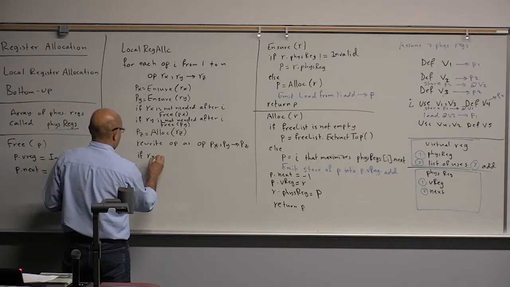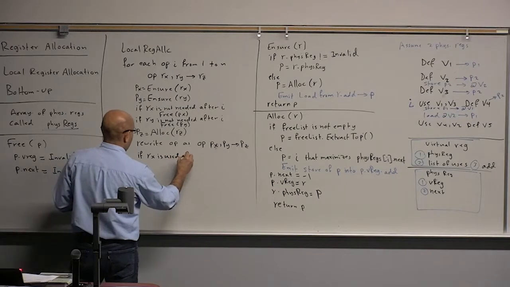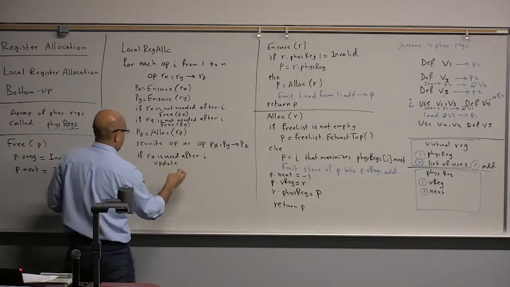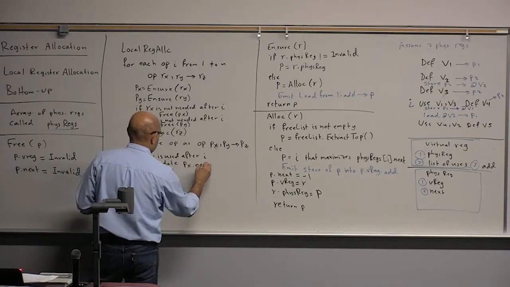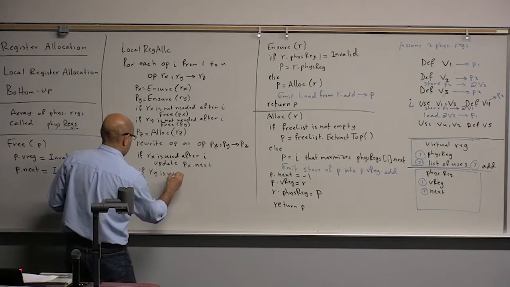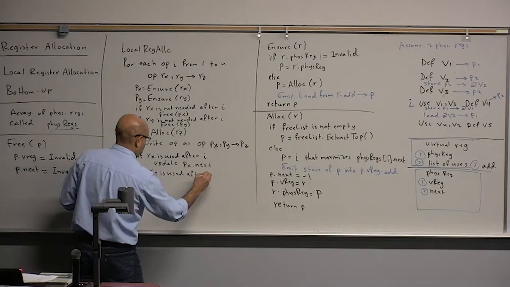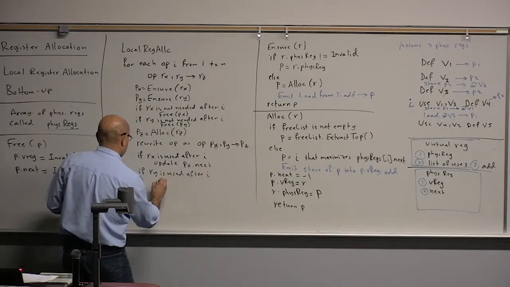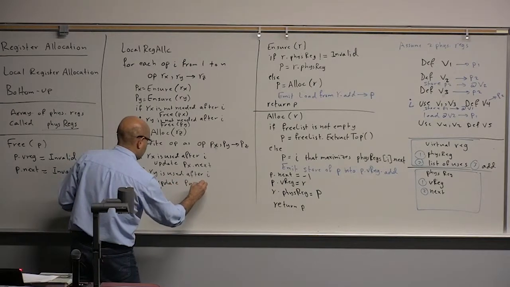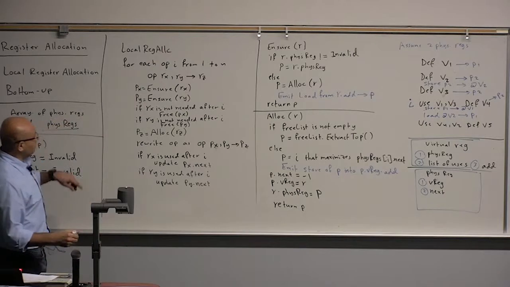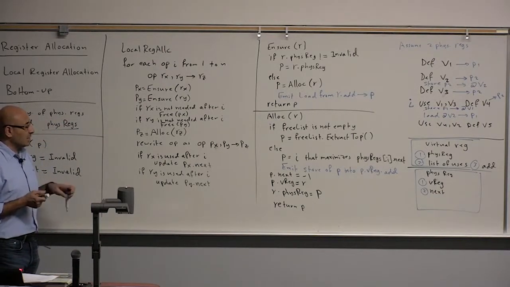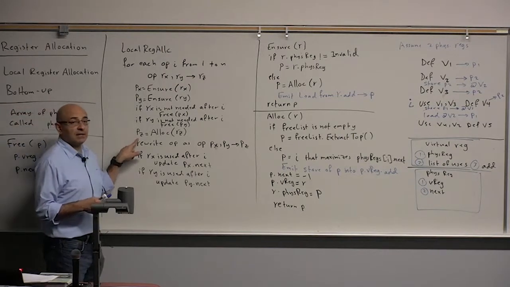So for every virtual register, if Rx is used after I, update px.next. If Ry is used after I, then update py.next. And pz.next: pz will have the result of this operation.